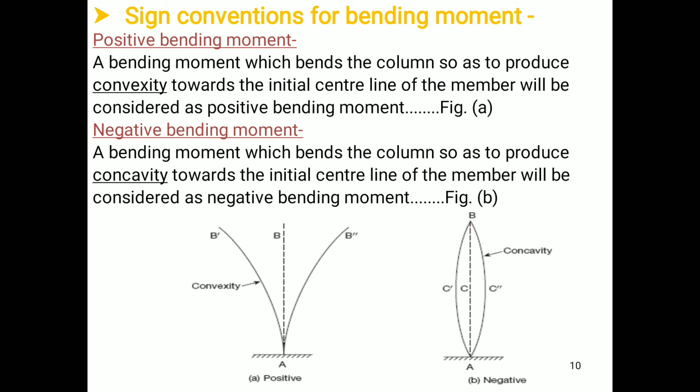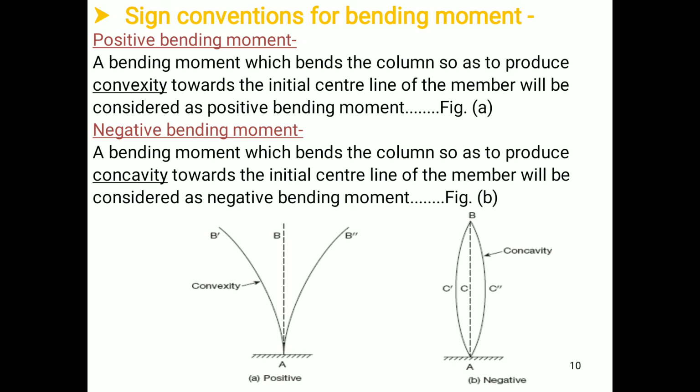When it is subjected to external load P, that particular column will bend in this form, and it is known as concavity towards the initial center line of the member. While solving numericals, we are going to use this sign convention for the bending moment. So this is all about the sign convention for the column.